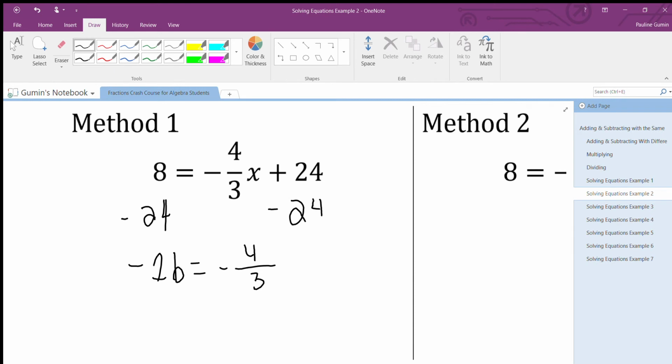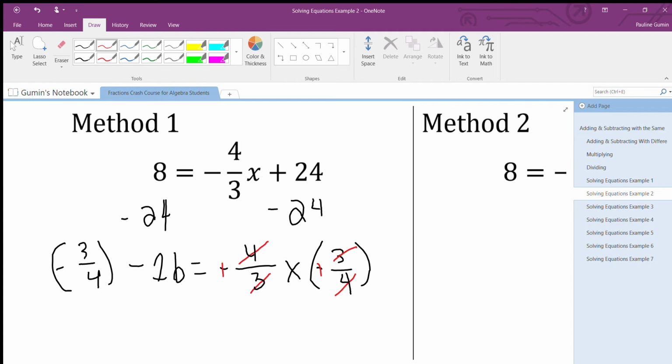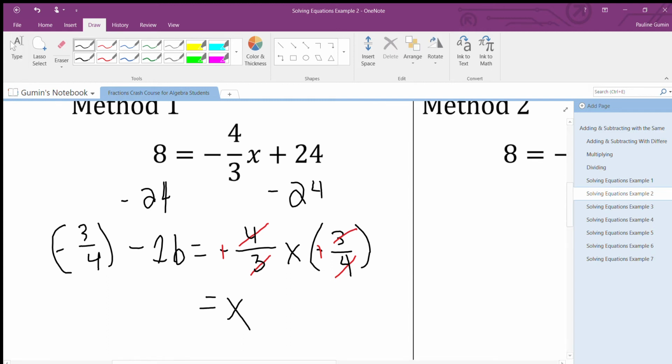Once again, I'm going to multiply both sides by the reciprocal. What gets tricky here is making sure to bring along the negative. The reason being, yes, the 4 and the 3 cancel, but the negatives must cancel too. So on this side, we have x, and negative 3/4 times negative 16 gives us a positive 12 as an answer.